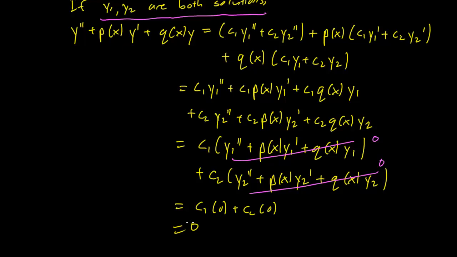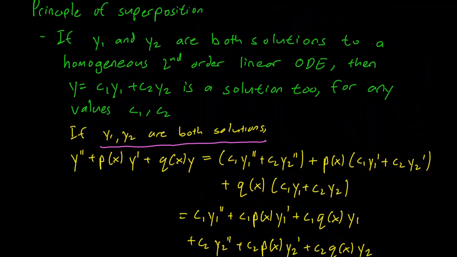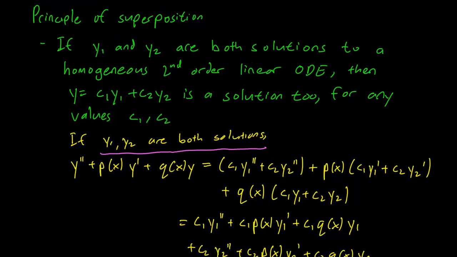But that implies that our y is also going to be a solution to the homogeneous equation. So you can see that this is why the principle of superposition works that way.